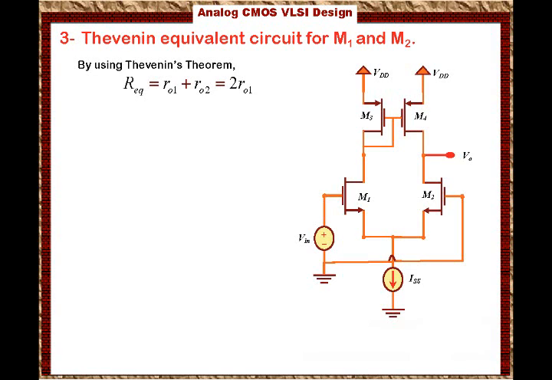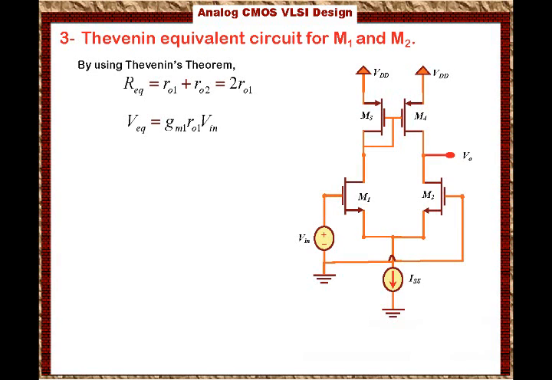We also calculated V Thevenin, or V equivalent, which was GM1 times RO1 times Vn.